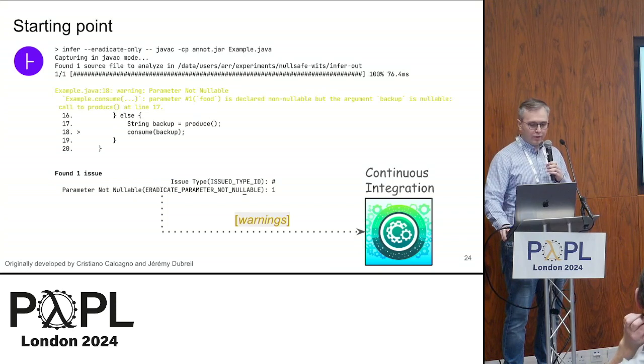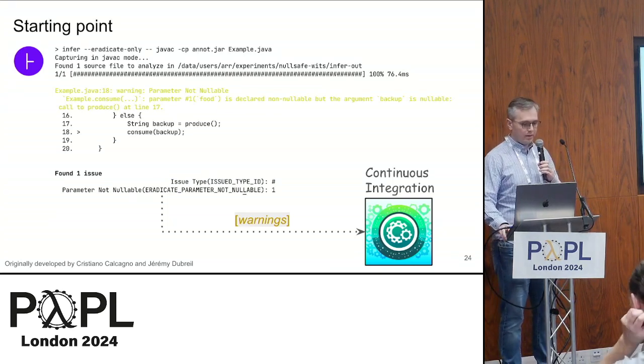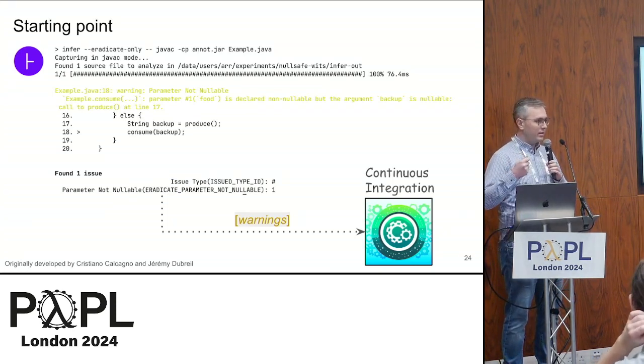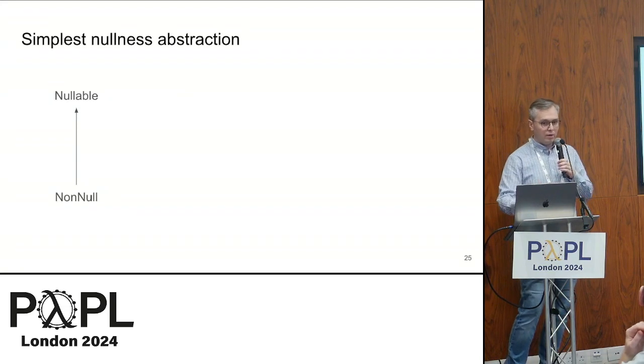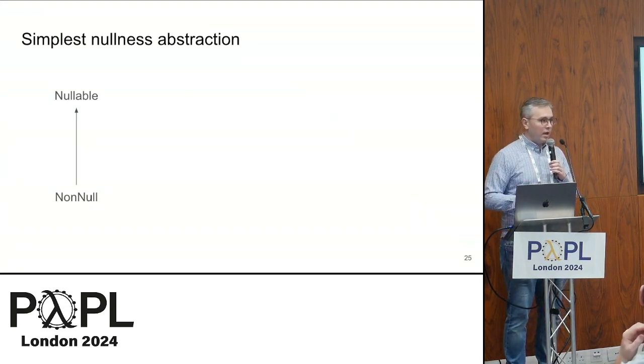The good thing about AI is that you can really dial in the complexity by choosing the right abstract domain. You can start with something as simple as this, where it's just either non-null or nullable. And that's what we actually started with.